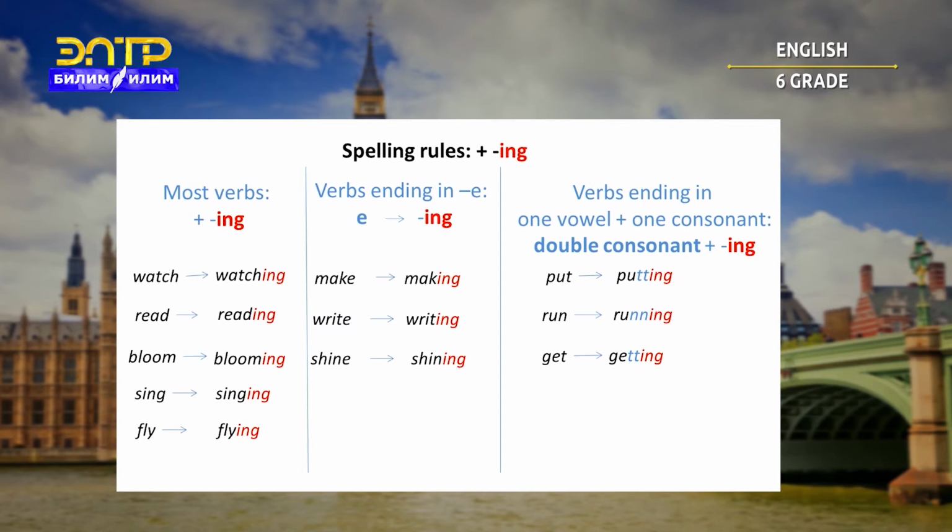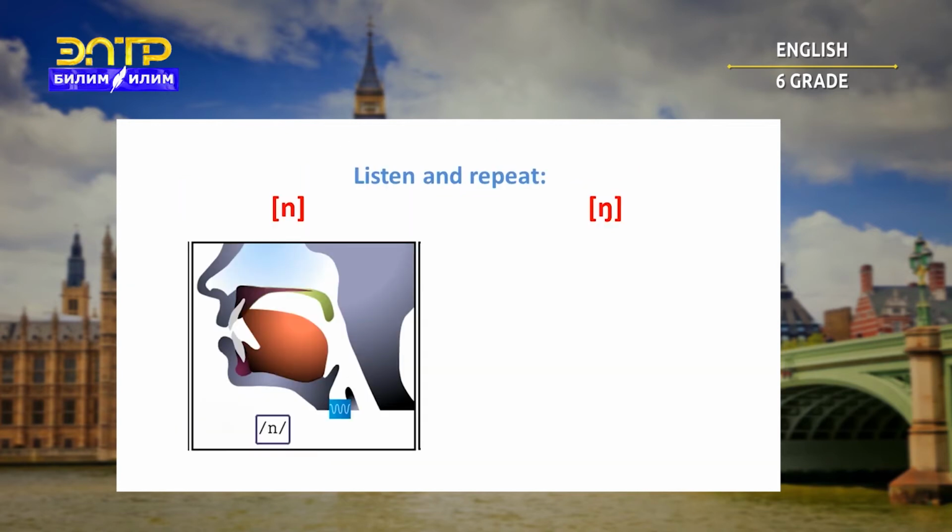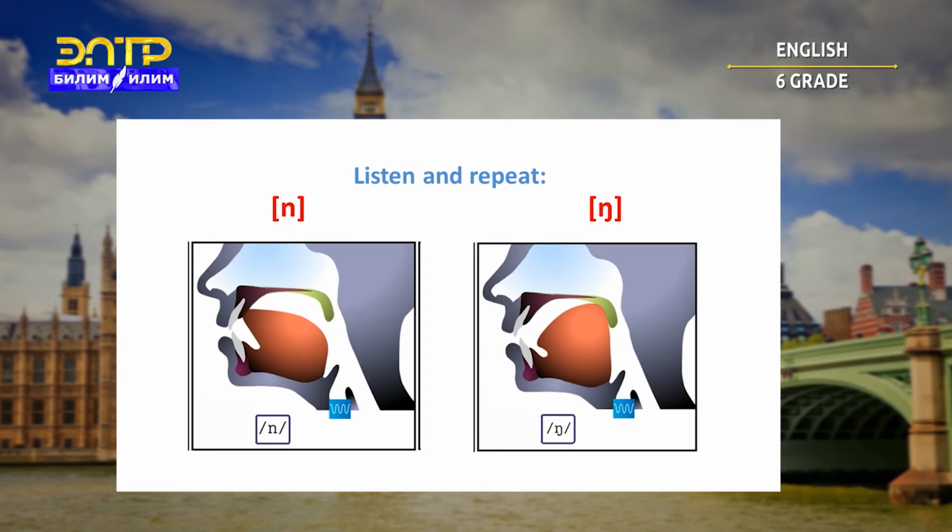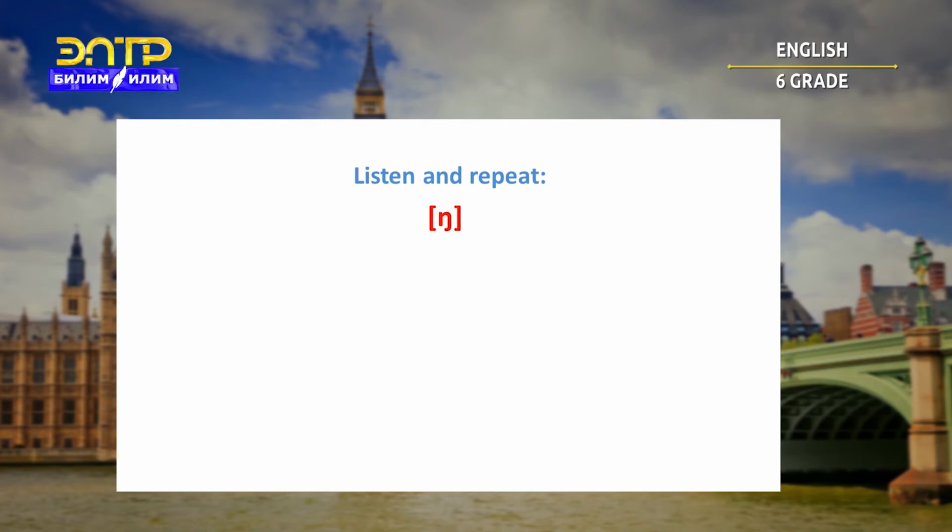Now, listen and repeat. N, n, n, n, n, n. Listen and repeat the verbs with ing forms.